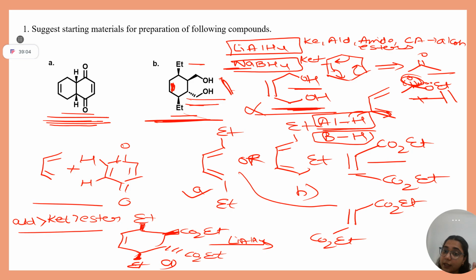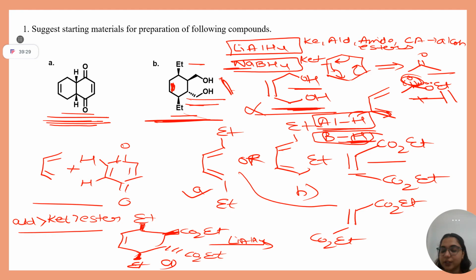So if it is more reactive, it can reduce everything. But NaBH4 is less polar compared to LAH, so it will release the hydride slowly in comparison to LAH.